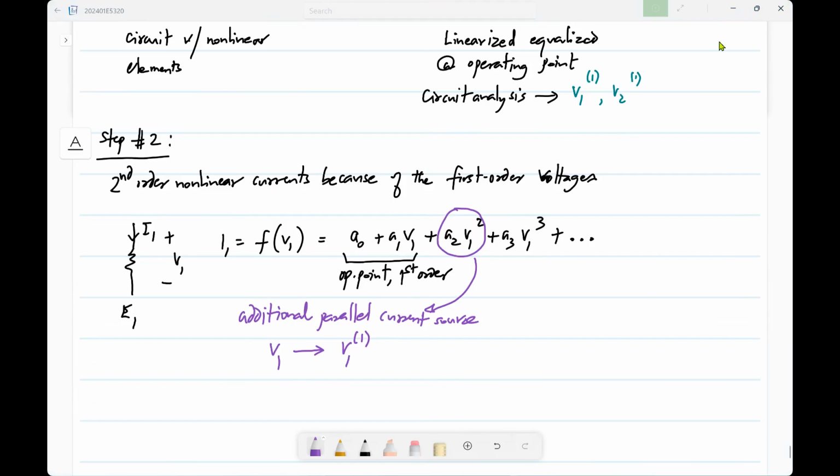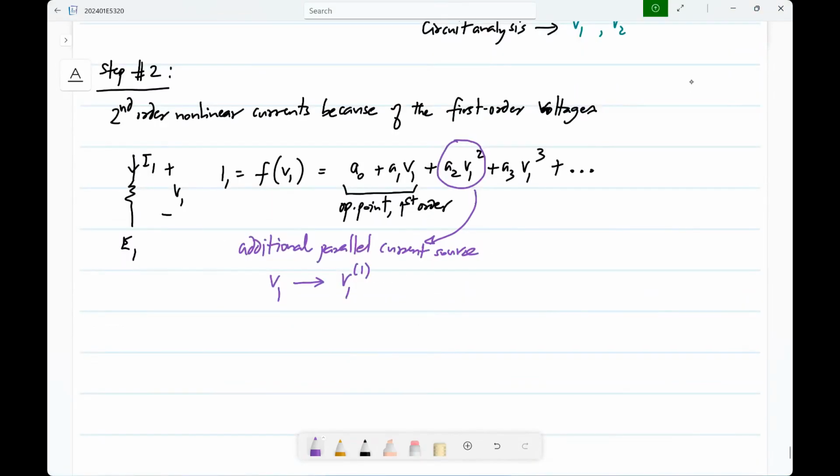So essentially, you will have an additional source. I mean, if I use exactly the same point, which is some current A0, and then a conductance A1, this is for the operating point, and this is for the first order.